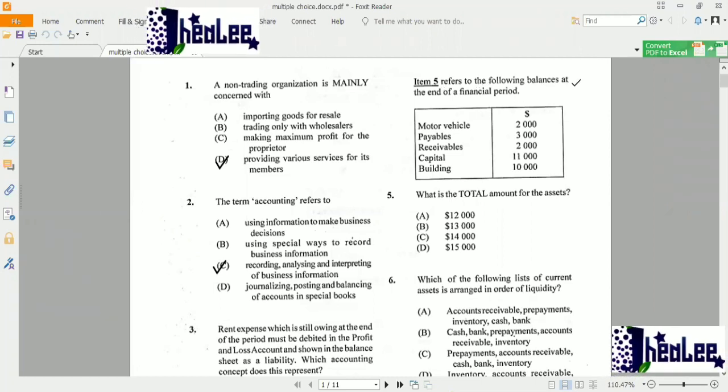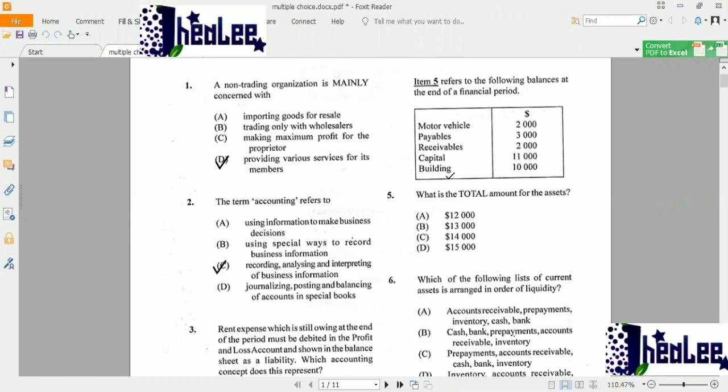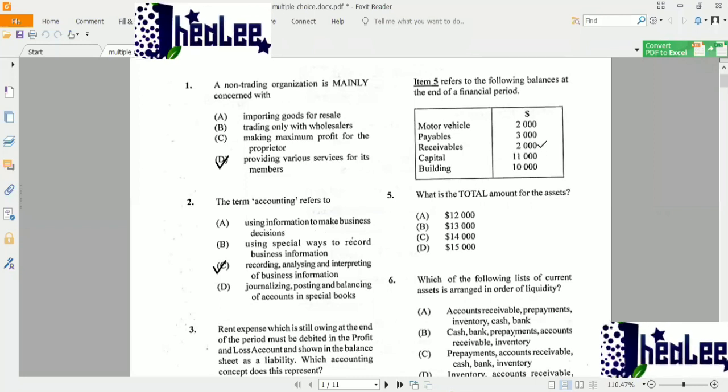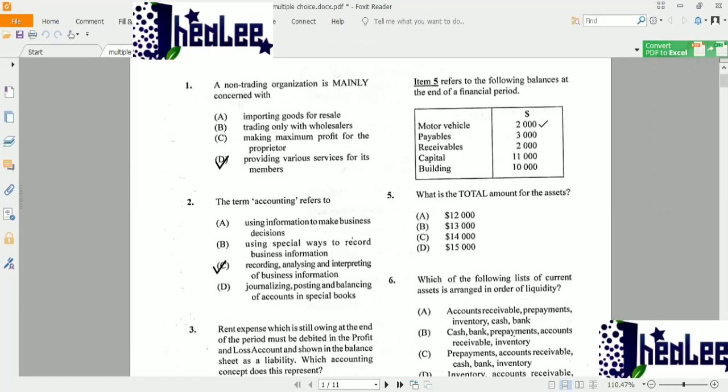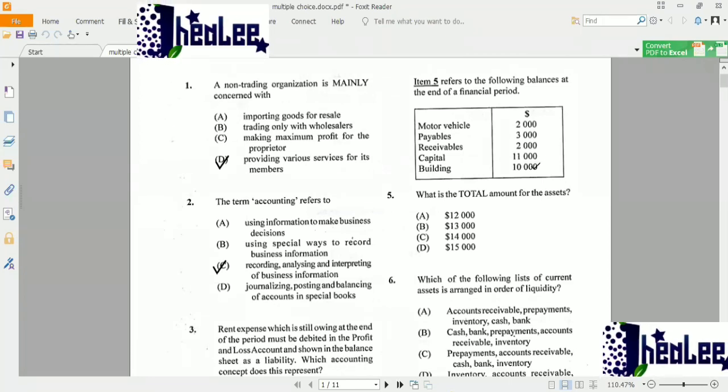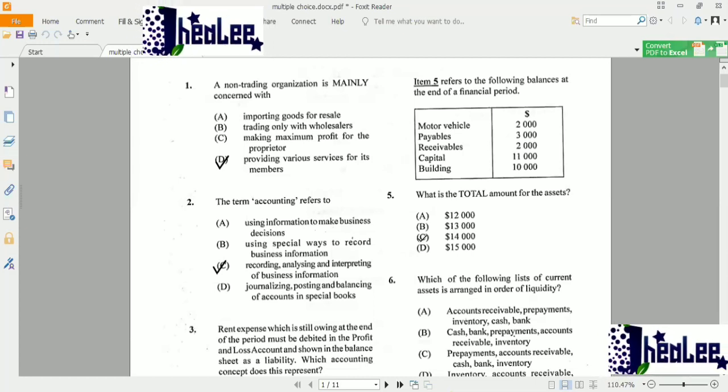Item 5 refers to the following balances at the end of a financial period. What is the total amount for assets? So from the list of items, what is the total amount for assets? What are the assets that we have? We have motor vehicle, we have receivables, and we have building. So therefore, our total is C.